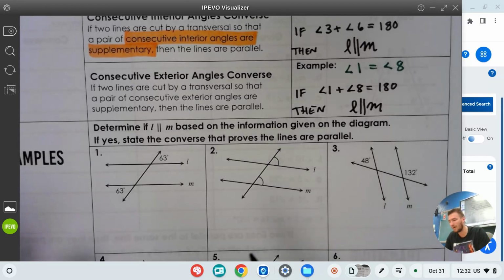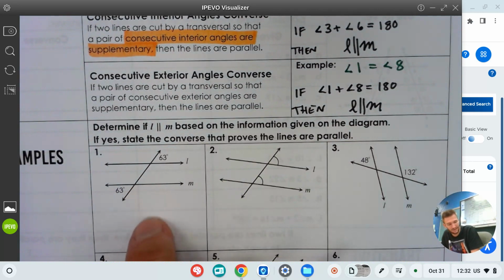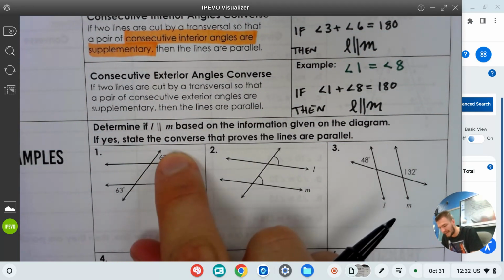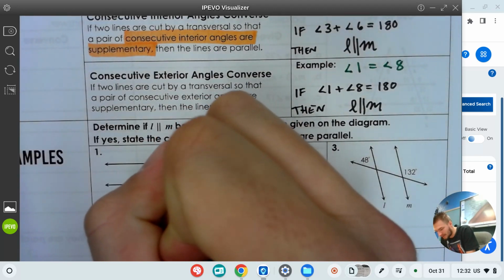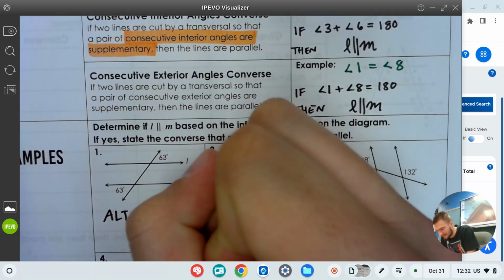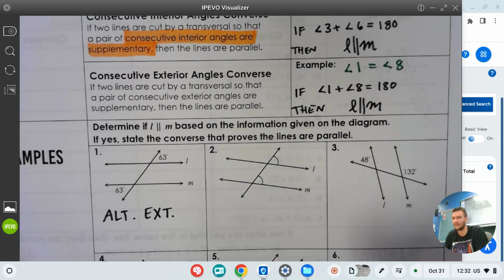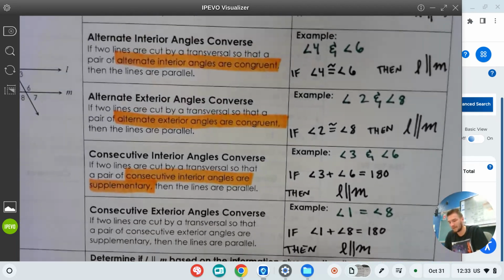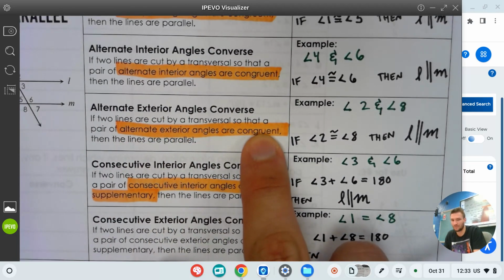So, what we know is that we have, in this corner, alternate exterior angles. When it comes to alternate exterior, are they supposed to be congruent or are they supposed to be supplementary? Alternate exterior angles are congruent.